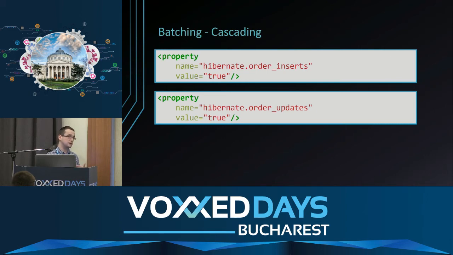If you're using cascading, and you insert parents which will cascade to children, and then you go back to parents, because you switch from one entity to the other, the batch has to be flushed. So in this particular case, only the child will benefit from the batching, not the parents. What you can do is to set those configuration parameters to true. It doesn't really make sense to have them set to false like they are by default.